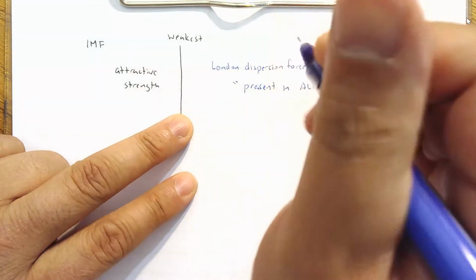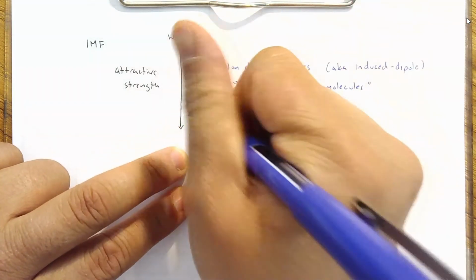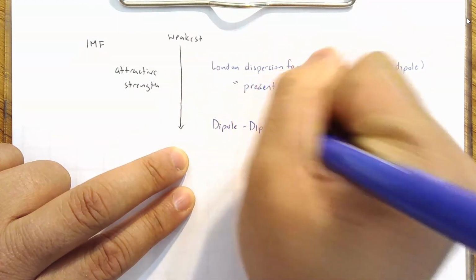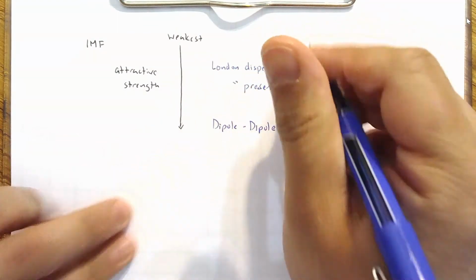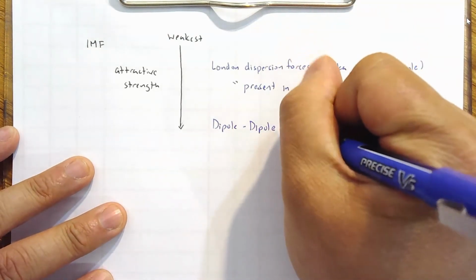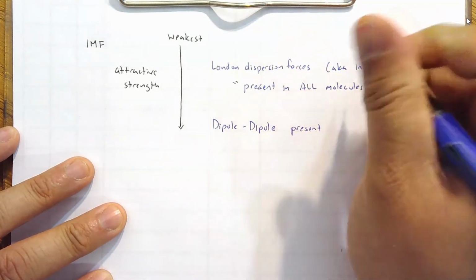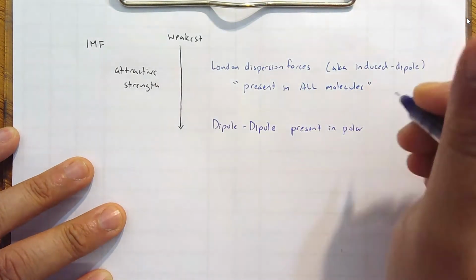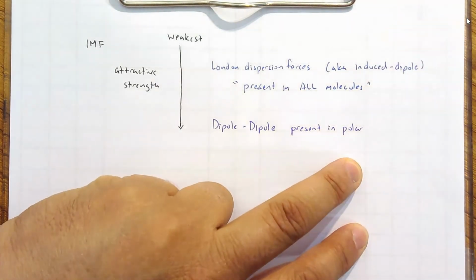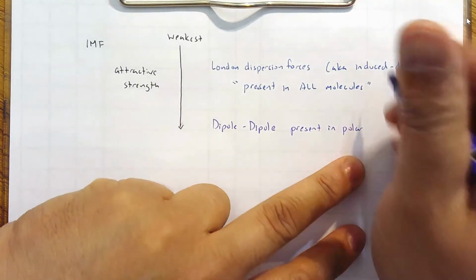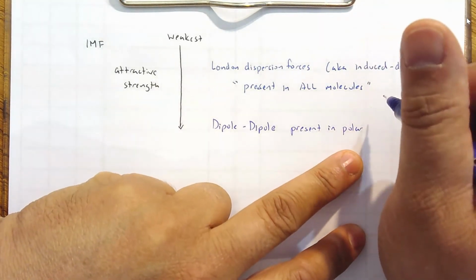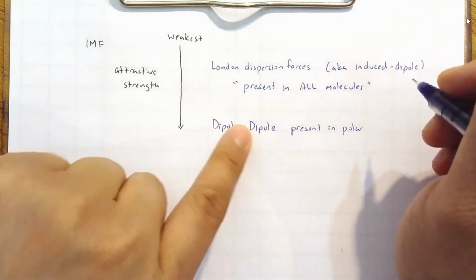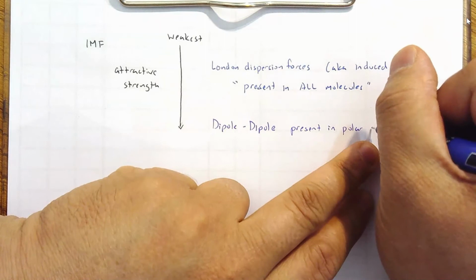The next one is dipole-dipole. And those are present in polar substances. We won't talk about polar and nonpolar molecules here. We will talk about polar and nonpolar in the next video or the next couple of videos, but dipole-dipole is present in polar substances.